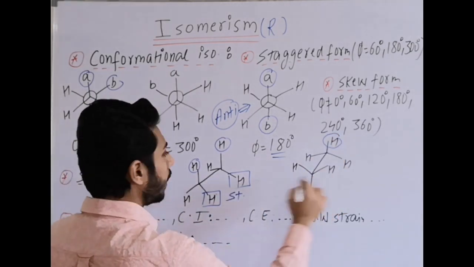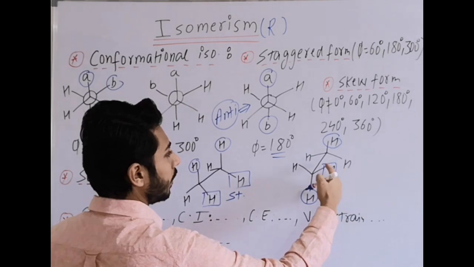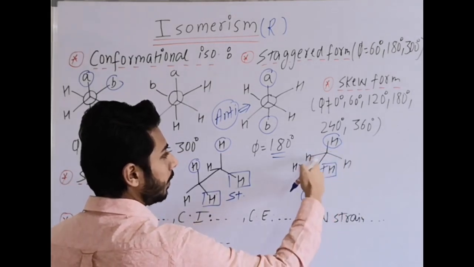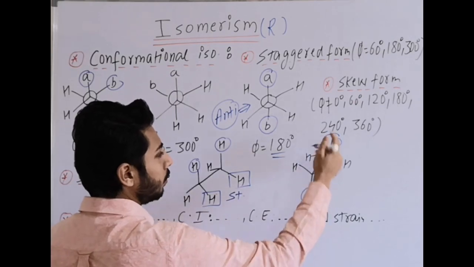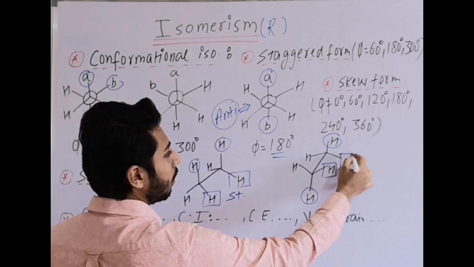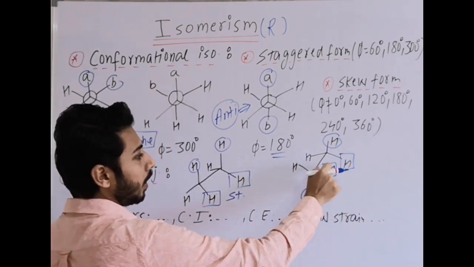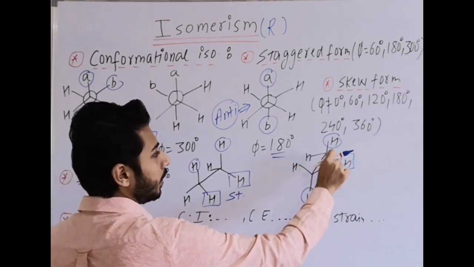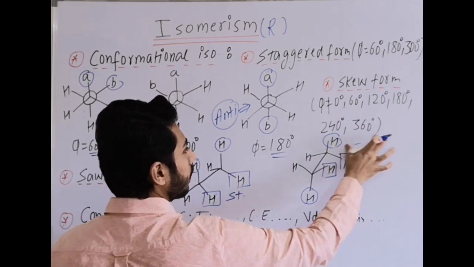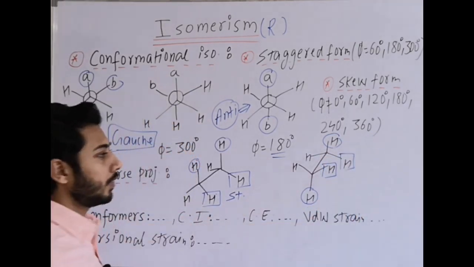Then this hydrogen is in between these two, just like this is in between these two. This hydrogen is not in front of the other one. Why? Because it is rotated and now it is slightly like this, so it is in between them, and this is not exactly in front of each other.